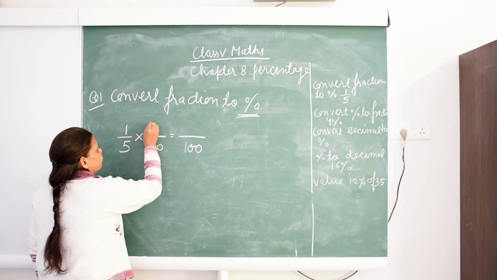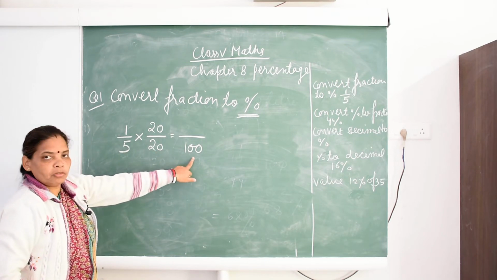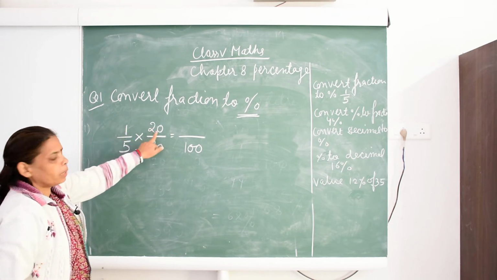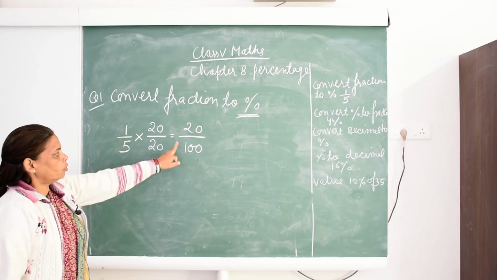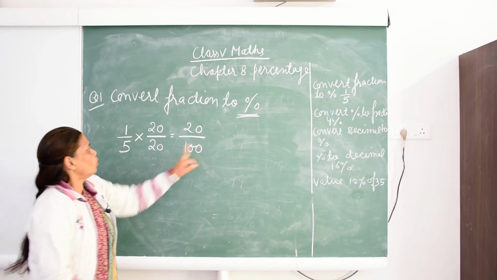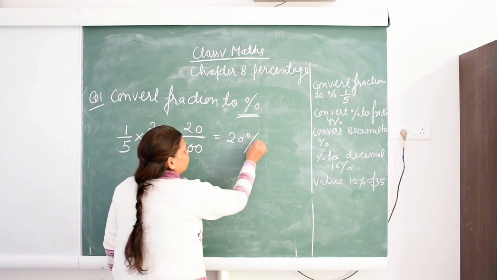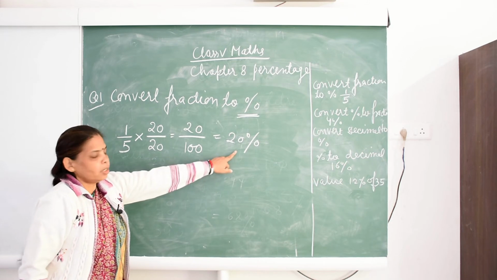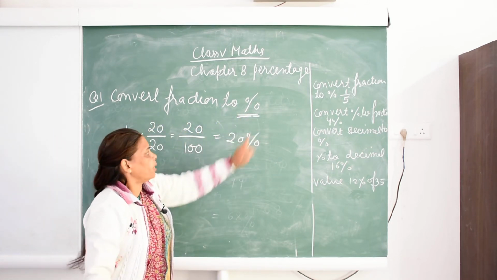Both numbers you multiply with 20. 5 multiplied by 20 gives 100, and 1 multiplied by 20 gives 20%. So here the denominator is 100. So 1 upon 5 is equal to 20%. You put the symbol of percentage, because in the question you have to change into a percentage.